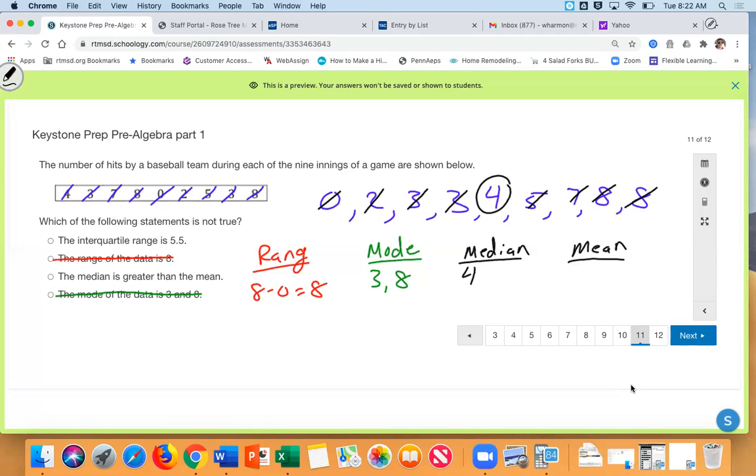So I have 40 over 9, which is 4.4 repeating. So it says the median is greater than the mean. Is the median greater than the mean? No. So that's my answer, because that one's not true.